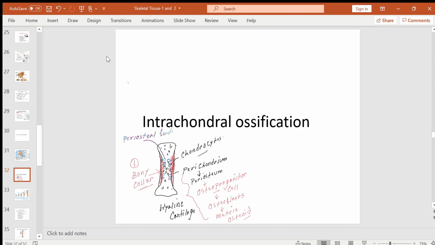Okay, and the progenitor cells enter into the periosteal buds. So periosteal buds contain progenitor cells.